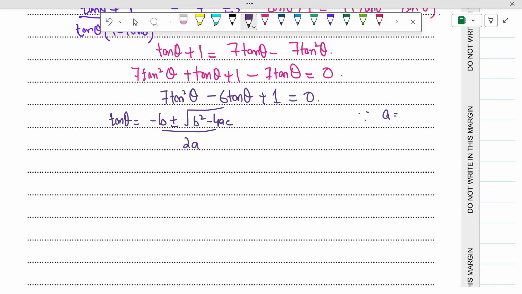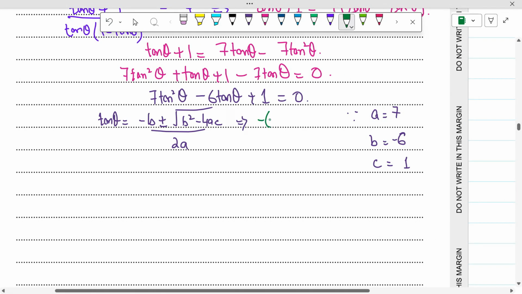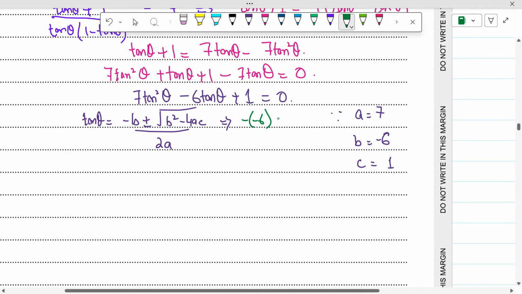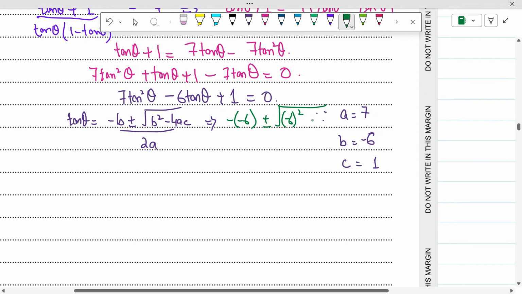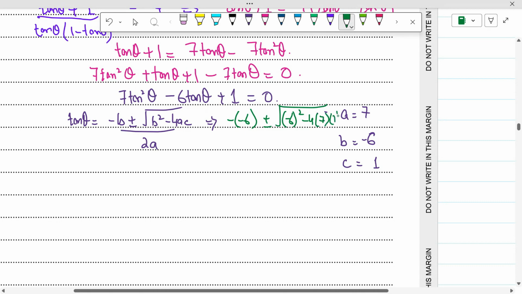In this case, a is equal to 7, b is equal to negative 6, and c is equal to 1. So plugging in, we will have negative times negative 6 plus minus under root negative 6 square minus 4 times a, which is 7, and then 1, over 2 times 7.